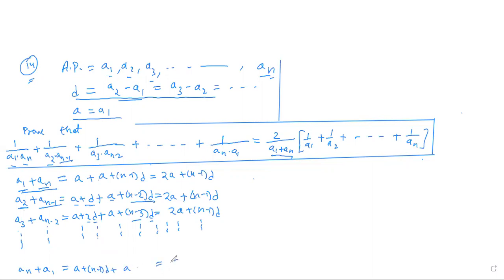So if we again add them, it again gives the same result, 2A plus n minus 1 into D. And if we add the second last, An minus 1, with the second, A2, we have already proved that it is also equal to 2A plus n minus 1 into D. So this proving is required, or we can use it directly also, but we have to prove it to understand it properly. Now, A1 into An is there in the denominator, and the sum of A1 and An is 2A plus n minus 1 into D.